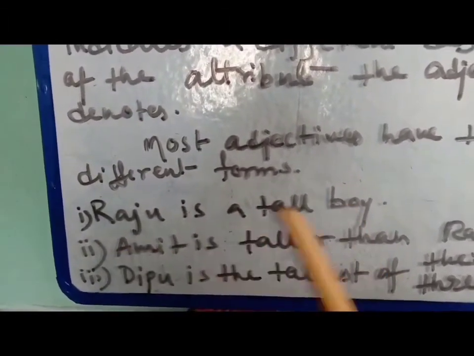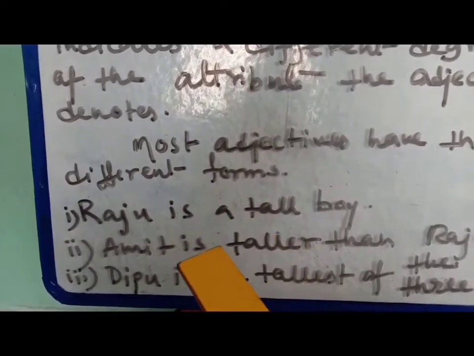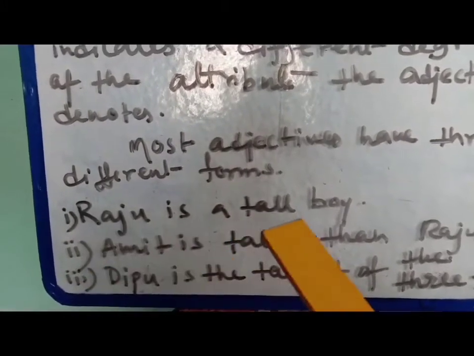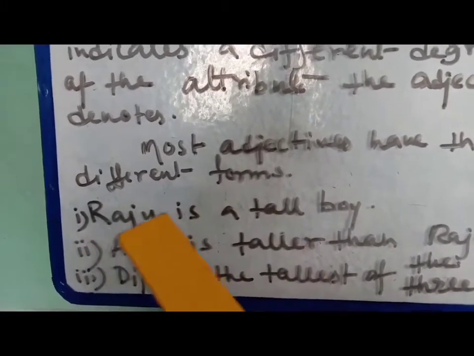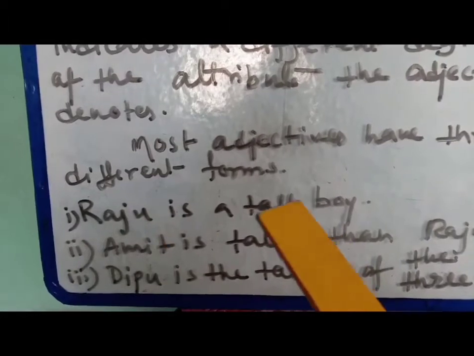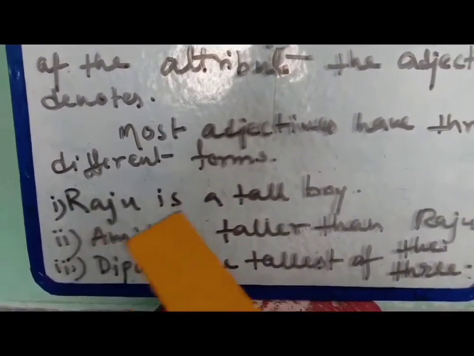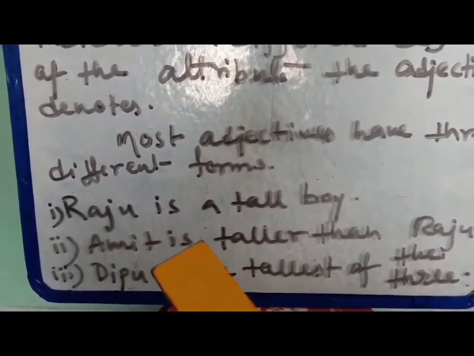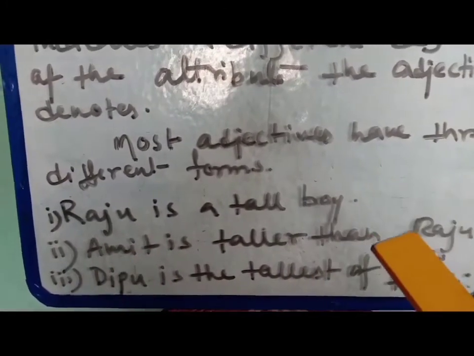So how can you find out that the first one is positive, the second comparative and the third superlative? Raju is a tall boy. Here there is only the adjective, which just describes the noun. How is the boy? Tall. So it is the positive degree. Number 2, Amit is taller than Raju. Comparison is held between two nouns, Amit and Raju.